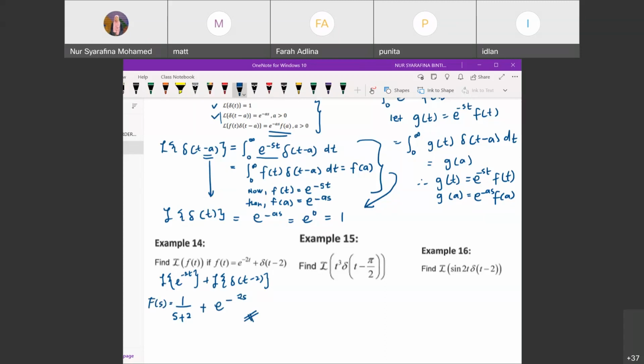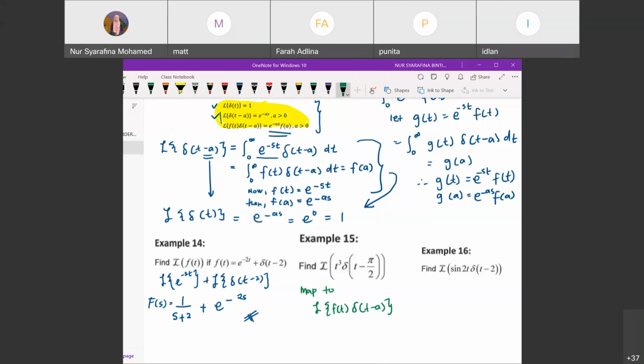Okay, then next one. Looking at the properties of transforming the Dirac delta function here, this example maps to f(t) and δ(t minus a), right?